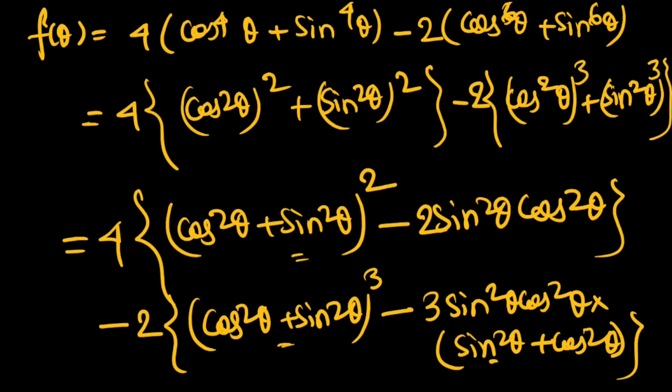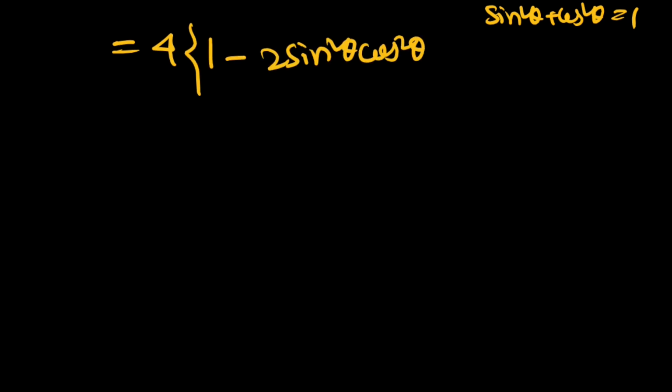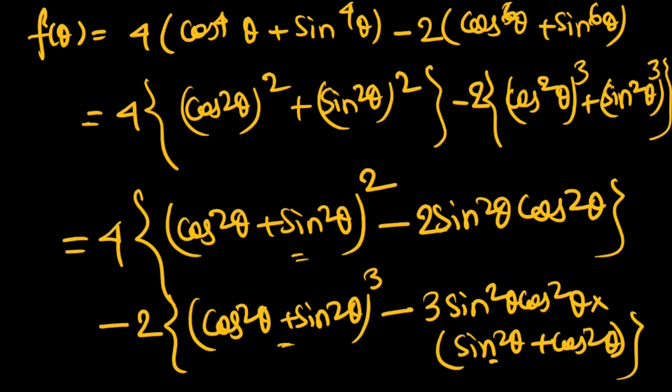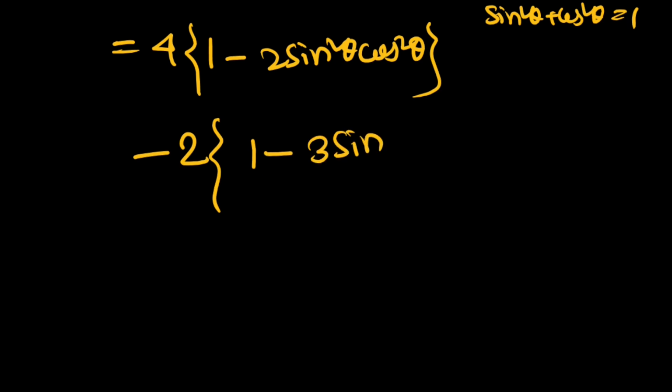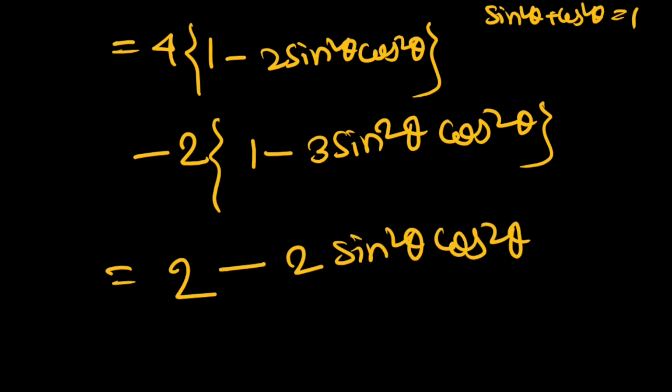Therefore, we use the identity sine square theta plus cos square theta is equal to 1 here, here and here. So it will convert to 4 into (1 minus 2 sine square theta cos square theta) minus 2 into (1 minus 3 sine square theta cos square theta). Therefore, 4 minus 2 is 2, minus 4 plus 6 it will be plus 2 sine square theta cos square theta.